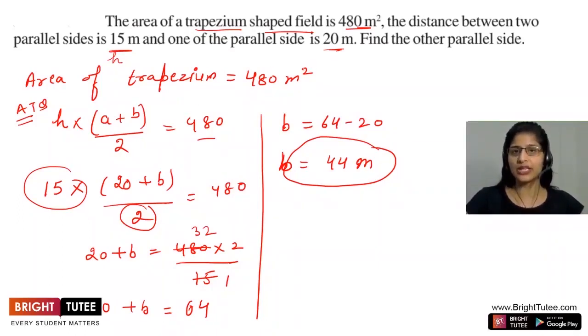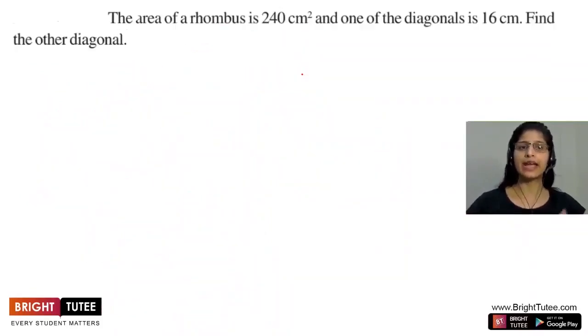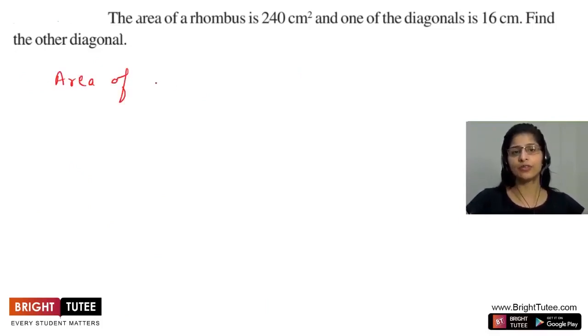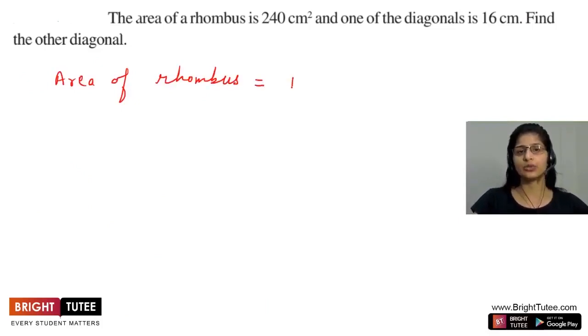So should we move to the next question? Here the area of rhombus is given. If you recall, we have done the area of rhombus. What is the formula for area of rhombus, students? Area of rhombus is equal to half into the product of both the diagonals D1 and D2.